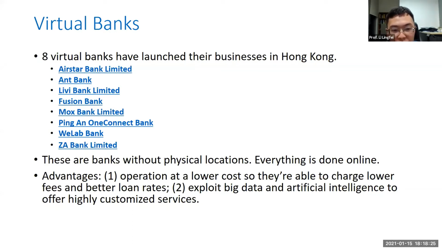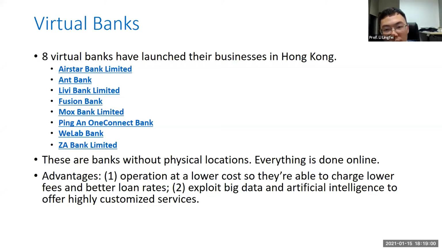Another advantage of virtual banks is that they can exploit big data and artificial intelligence to offer highly customized services. This is a feature that traditional banks don't have, although they're trying to catch up. So they know what you really want, and they can customize their service for you, so it will suit your needs.